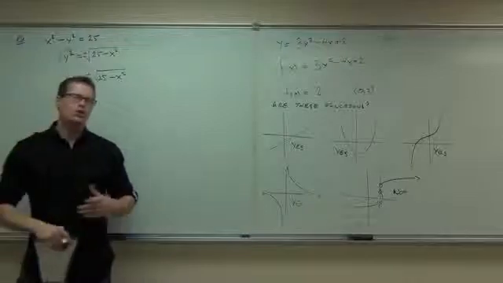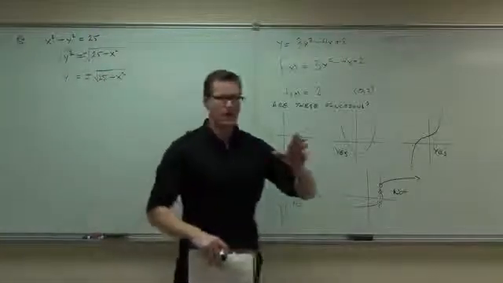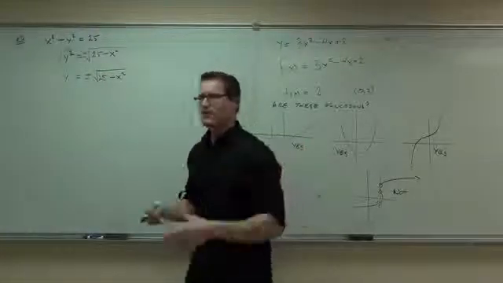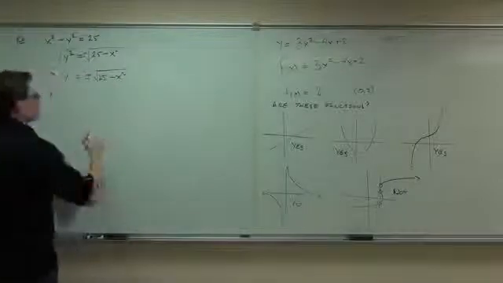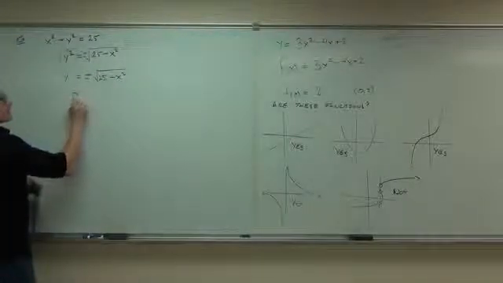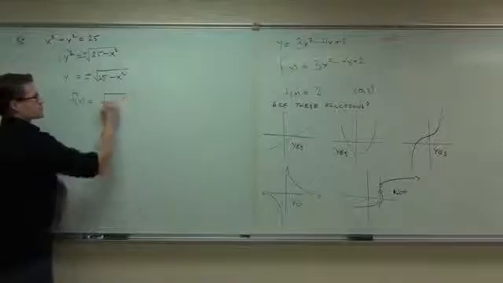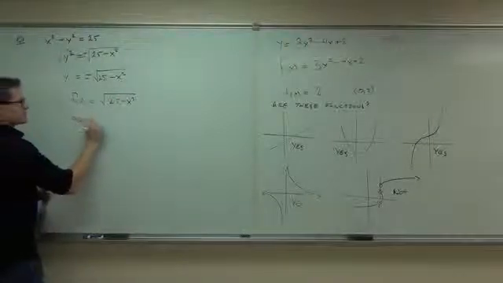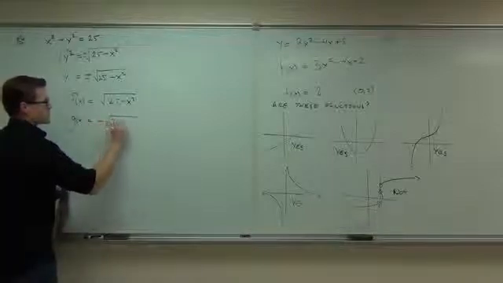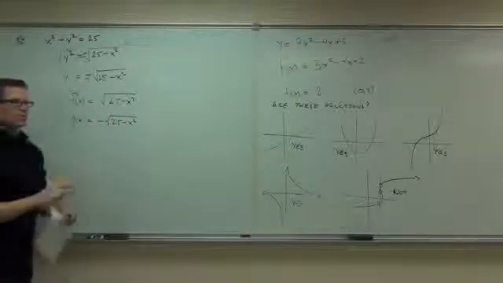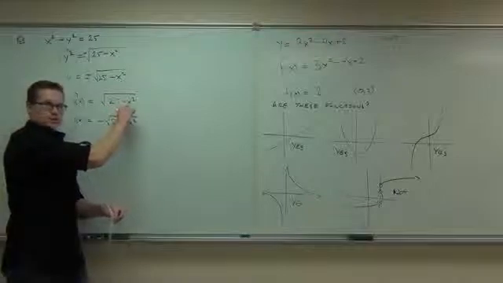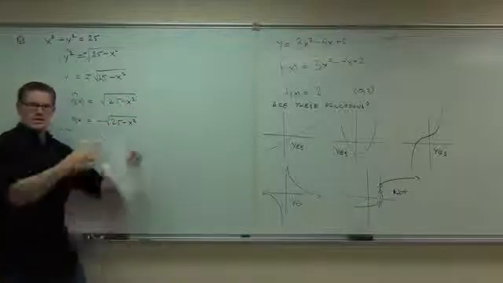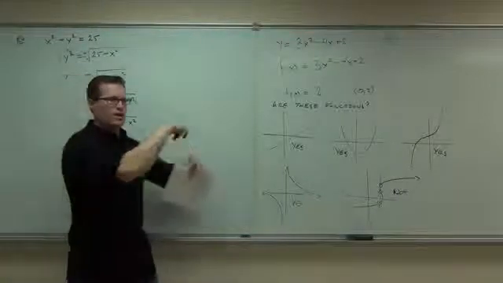Now the question is, could you work with it to look at parts of this function? And the answer is, yeah, absolutely. If we define this a little bit differently, if we say, let's call f of x the square root of 25 minus x squared, and g of x the negative square root of 25 minus x squared. Now let me ask you a question. Is this a function? Yeah, sure. Is this a function? Yeah. Together they're not a function, but separately we could talk about each piece.